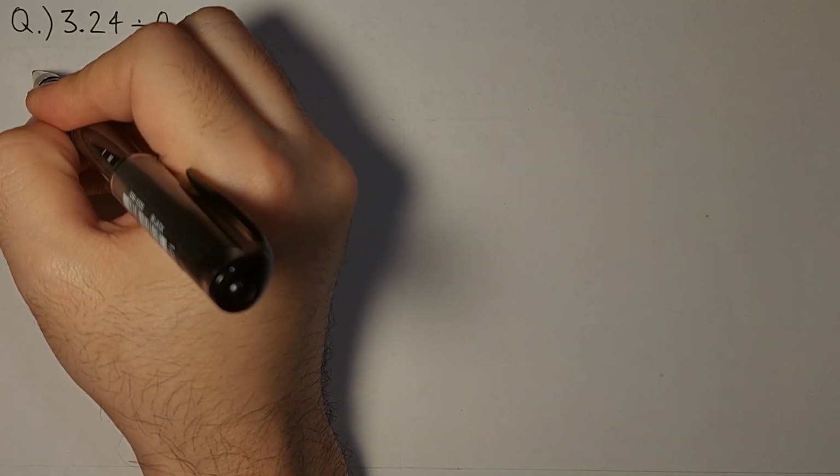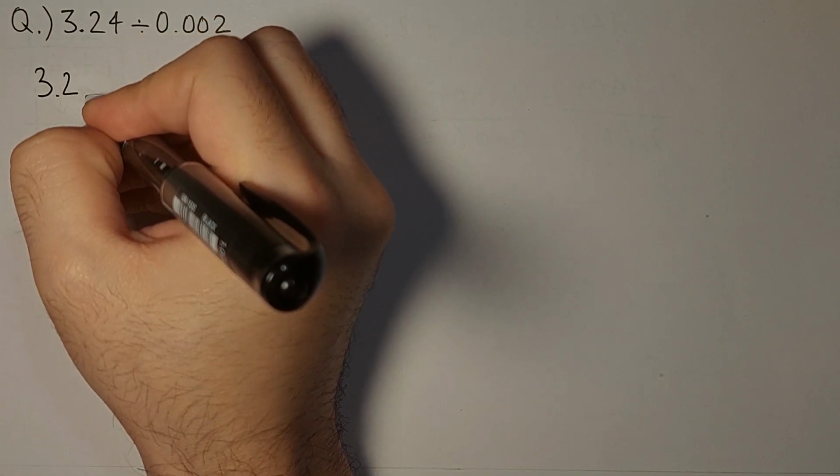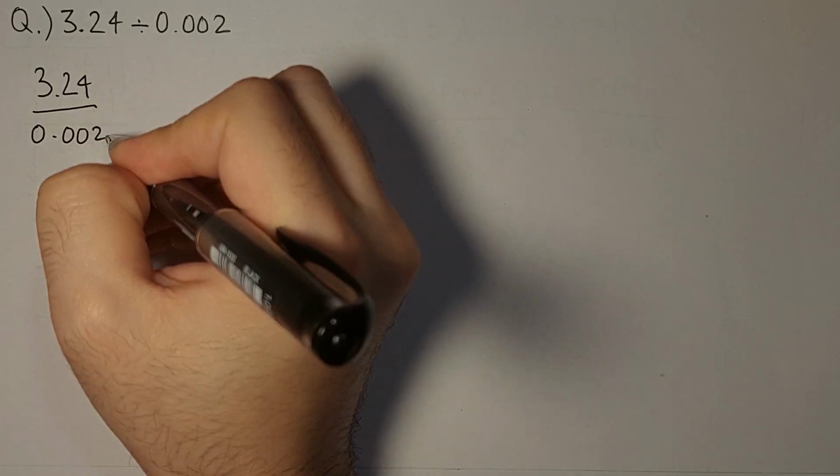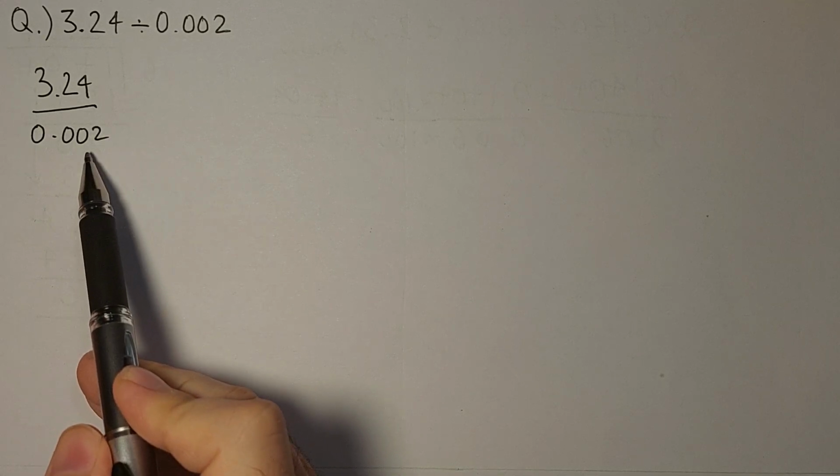Our final question is 3.24 divided by 0.002. So again, I'm going to write 3.24 divided by 0.002. In order to make the denominator a whole number, we will have to multiply it with 1000 so that the decimal point moves 3 places to the right.